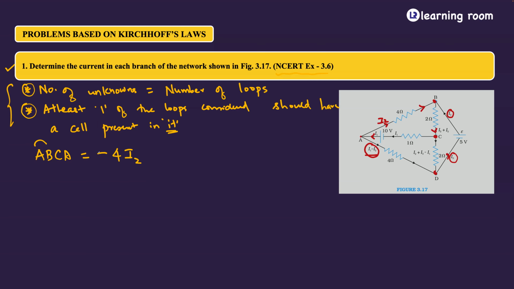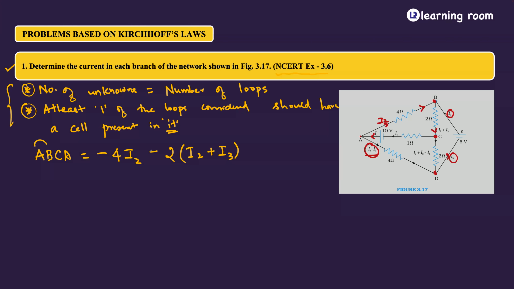Now, if I go from B to C, what is going to happen? So it is 2 times (I2 plus I3). Again, you are walking in the direction of current, so you take a minus sign. Similarly, you go from C to A. You encounter 2 elements. What are they? One is a resistor and one is a cell.